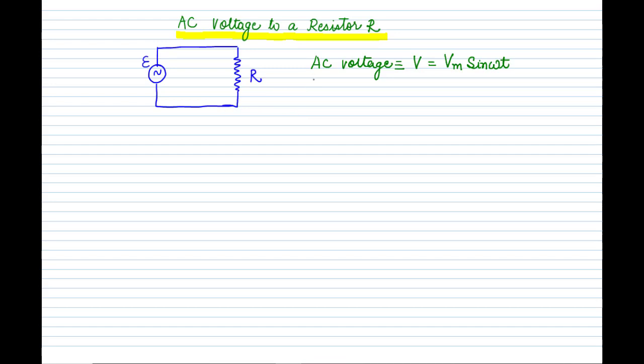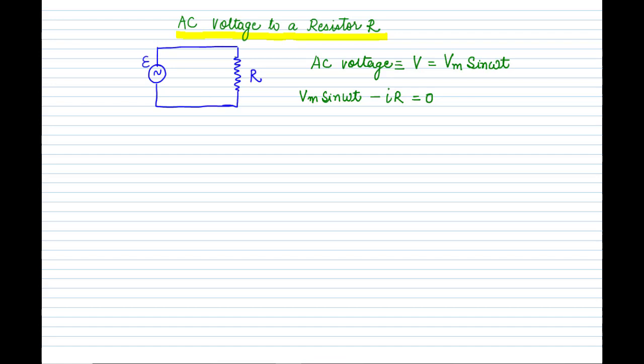But for now, we can write down the Kirchhoff loop rule because this is a closed loop. So here the voltage is Vm sine omega t, and then the current is flowing from this, so minus IR is equal to 0, right?